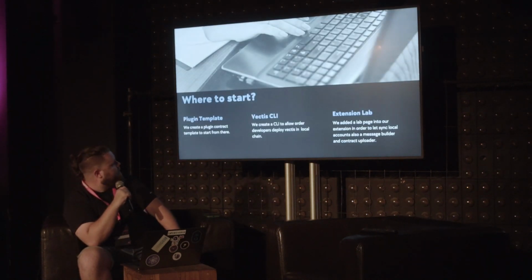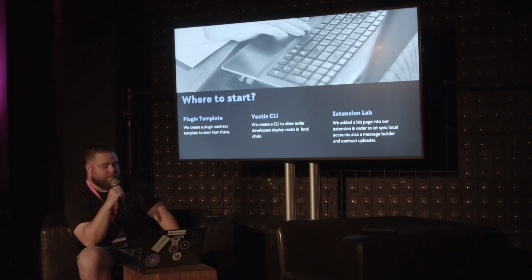Where to start? Okay, we created a plugin template which has everything necessary to start a contract, put your logic in, and start in your Vectis account. We also created a CLI, in case you want to develop in .NET in a local chain, you could deploy everything, like the Vectis wallet, everything you need to run the whole infrastructure. Also, we added an extension lab, which we will see later.